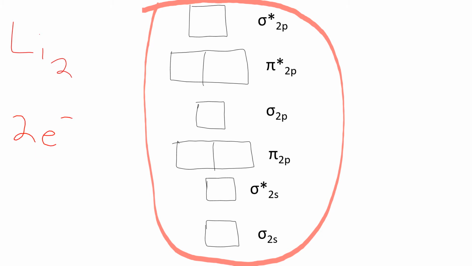So we need to place 2 electrons in here. Where are they going to go? Well, remember, energy is still increasing bottom to top here. They're going to go in the lowest possible orbital that they can. Where's that orbital? That's a sigma 2s bonding orbital. So I can get those 2 electrons in here. And that's what the molecular orbital diagram for Li2 would look like.